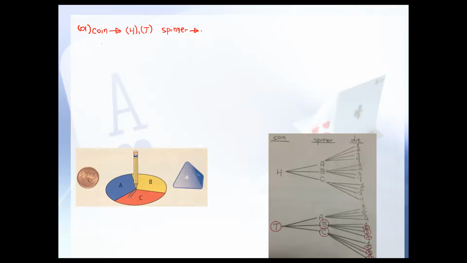For the spinner, we can obtain an A, a B, or a C. And for the die, my sample space would be we could roll a 1, a 2, a 3, and a 4.